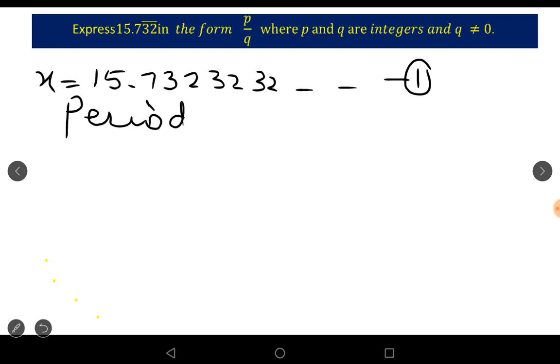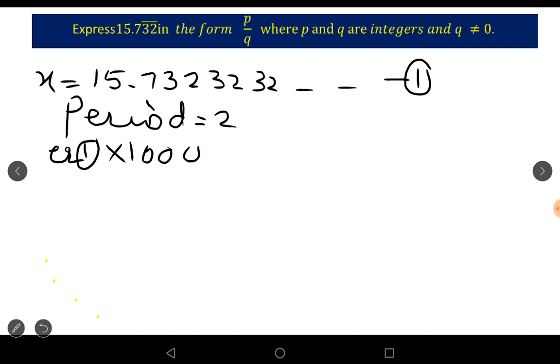Period is 2, because 2 digits only repeat, 3 and 2. 7 is non-repeat. So total number of digits in the decimal part: 1 digit is non-repeat, 2 digits are repeat, totally 3. So multiply with 1000. Equation 1 multiply with 1000. This is the another method.